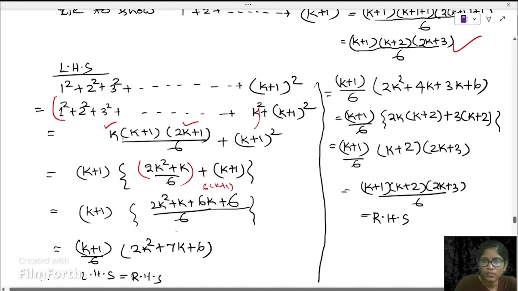Now here we can write 7k as 4k plus 3k. Taking 2k as common from the first two values, 2k into k plus 2, plus taking 3 common from this, k plus 2, which equals again taking k plus 2 as common, 2k plus 3, which equals the right hand side.